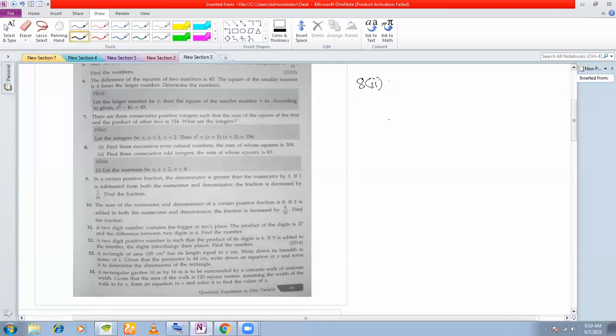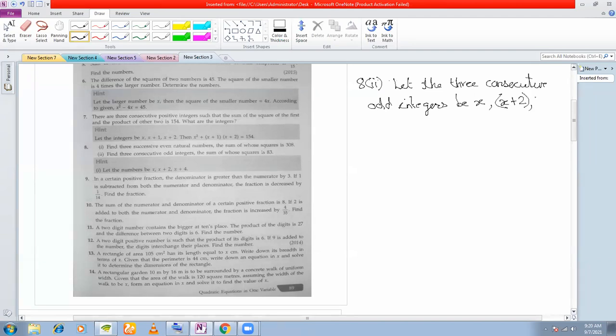Question here is find three consecutive odd integers, the sum of whose squares is 83. So I start by saying let the three consecutive odd integers be x, the other has to be x plus 2, right?